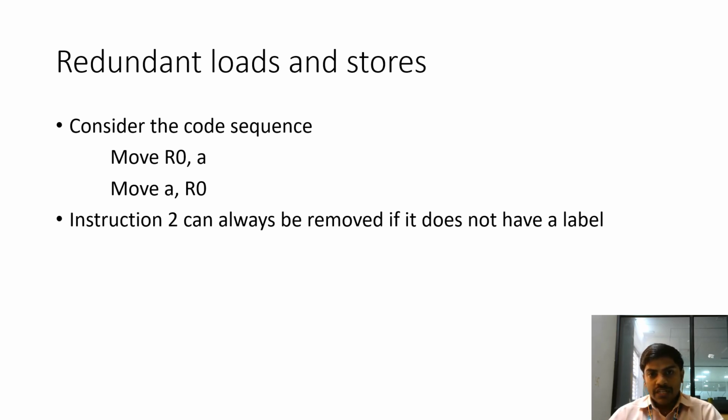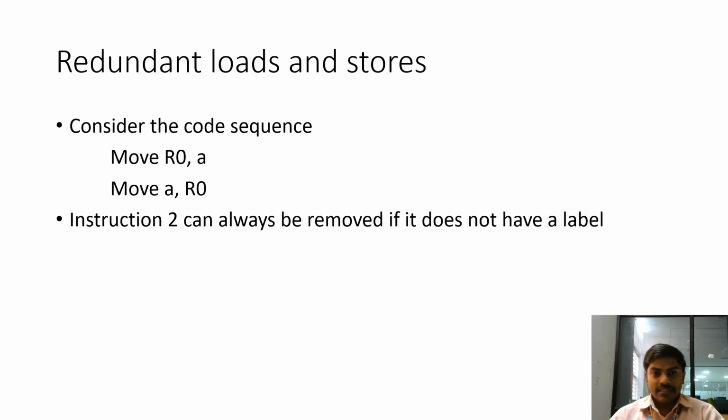So how can we remove the redundant loads and stores? In the case of arithmetic expressions written in the form of 3 address code, there is a need for moving the value to the register and from the register to the variable, that is register to memory, memory to register. These two happen alternately, so we move register to memory and memory to register, that is R0 comma A and A comma R0.